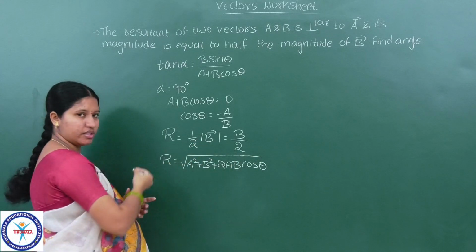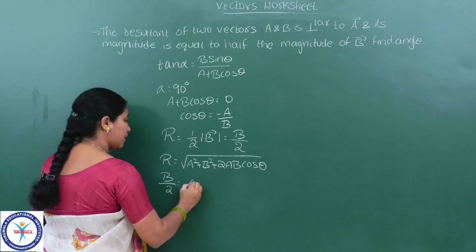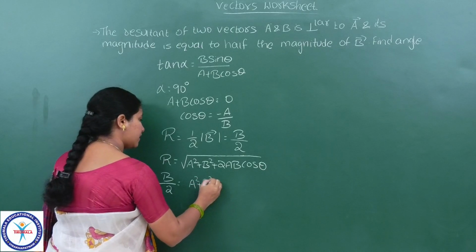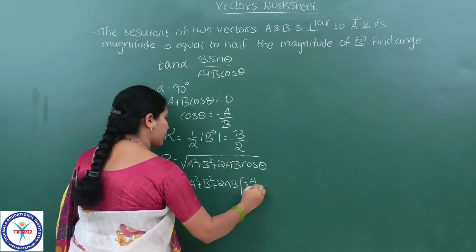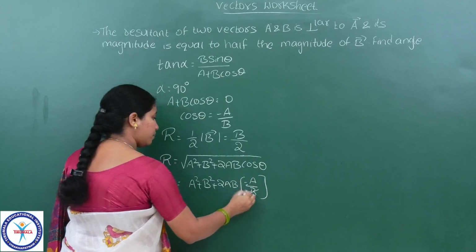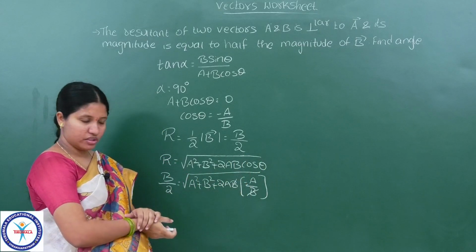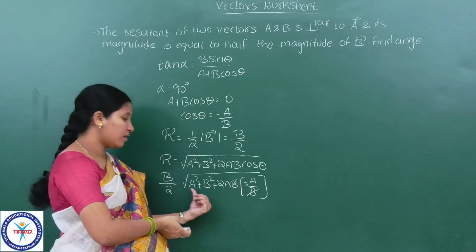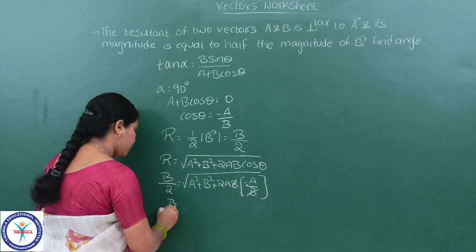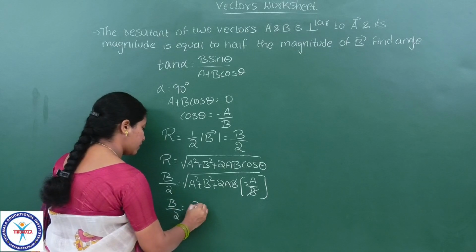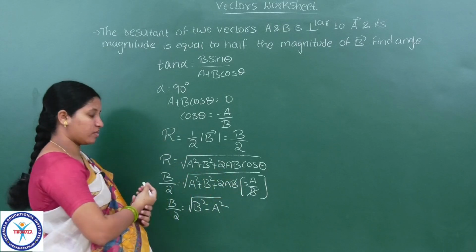So R value is B by 2 equal to A square plus B square plus 2AB into minus A by B. So B gets cancelled and hence we get here minus 2A square. Minus 2A square plus A square gives us minus A square. So B by 2 is equal to B square minus A square under square root.